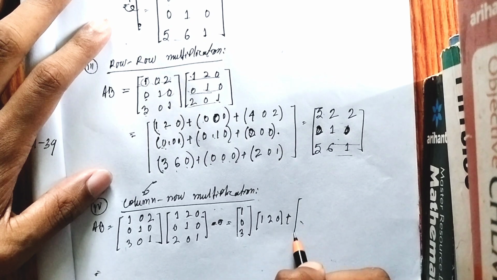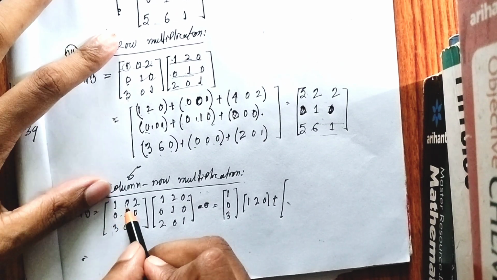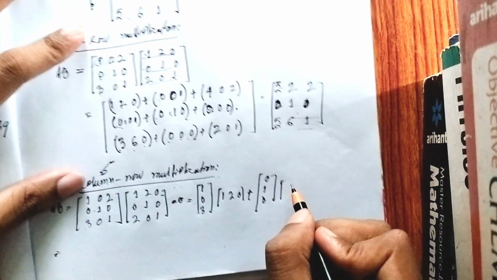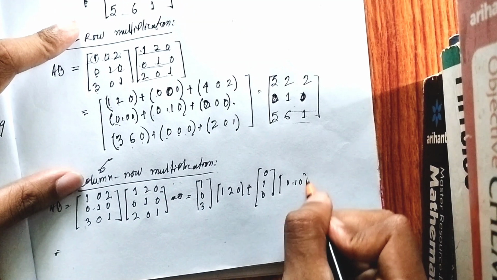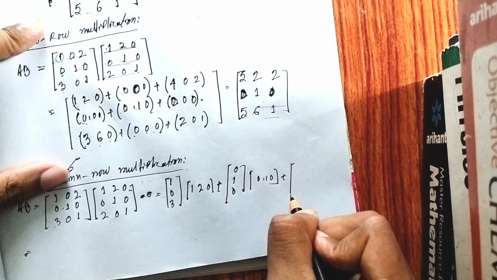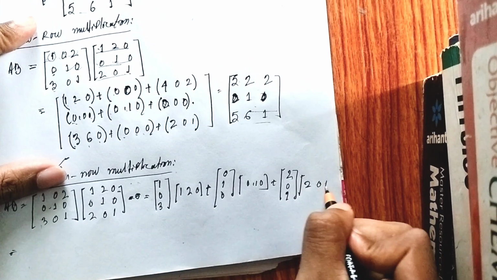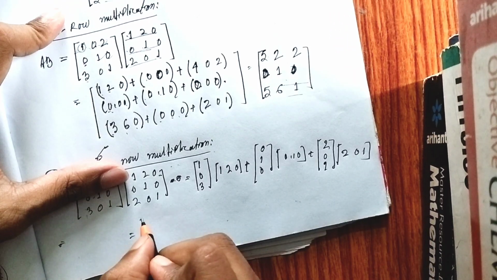Add, then column 0 1 0, row 0 1 0, column 2 0 1, and row 2 0 1. Okay, now just multiply them.